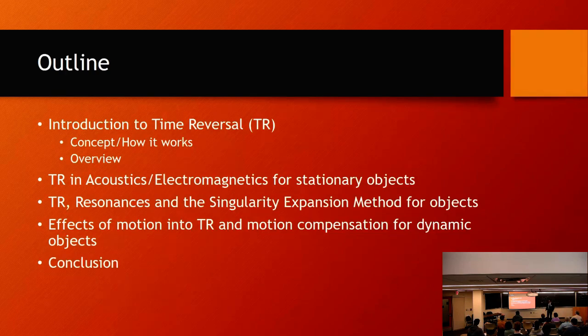And the third bullet there was a work that myself, Margaret Cheney from CSU, and Eric Mokel, used to be at NRL, has done, that there might be some relationship between time reversal and resonances, and this idea of singularity expansion method, which I'll talk more about. And then we'll talk a little bit about motions. When things are moving, how would the time reversal operator bring that features out?